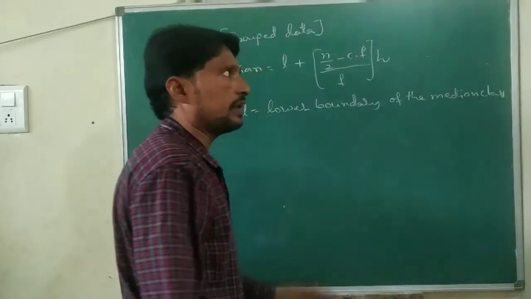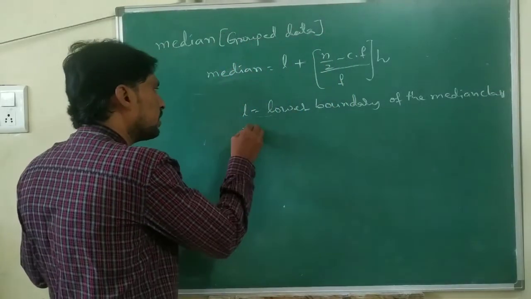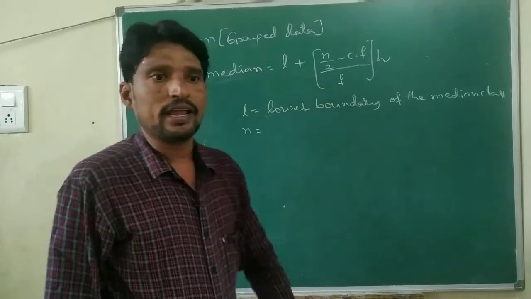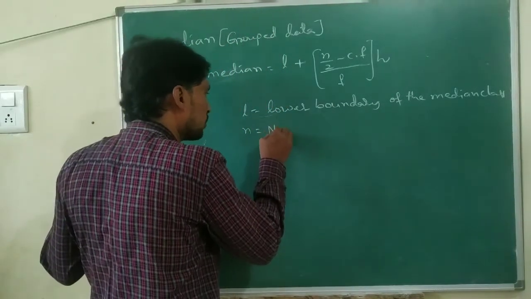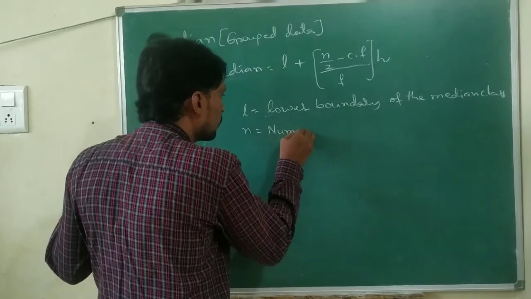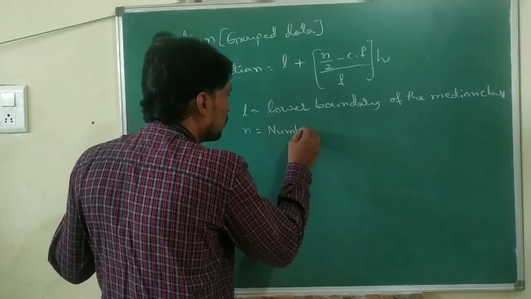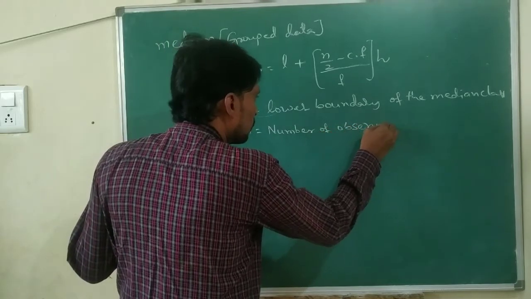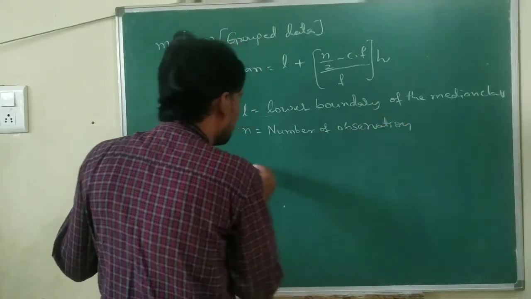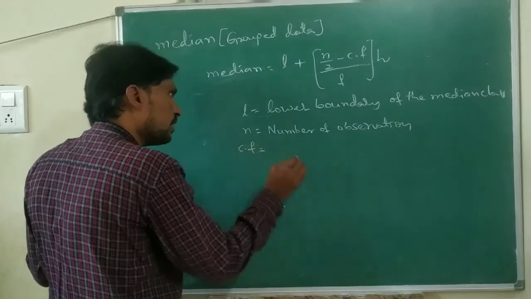Next, n by 2. What is n? n means the number of observations, or total observations. Next, CF. What is CF?